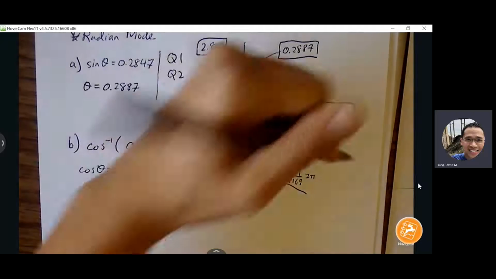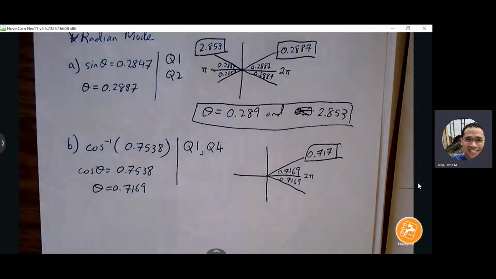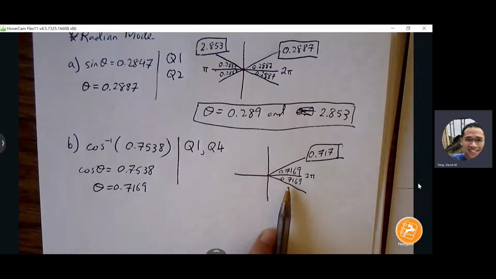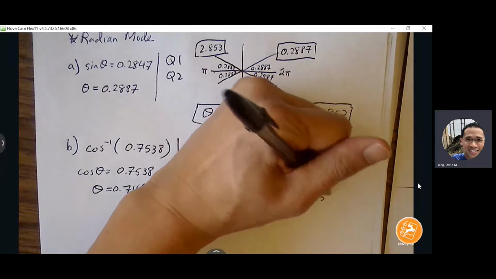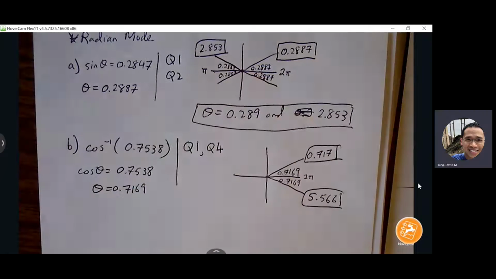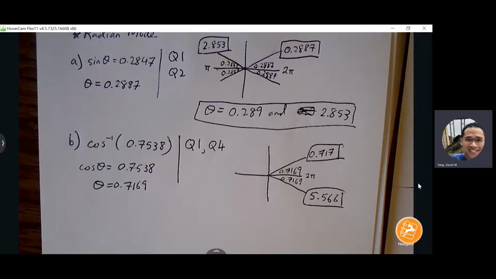Okay, first quadrant is already showing 0.717, and then to get to that fourth quadrant, we can involve 2 pi, right? 2 pi minus 0.7169.